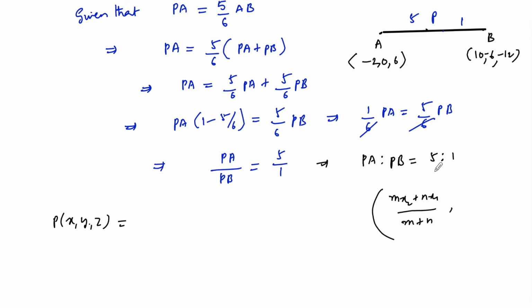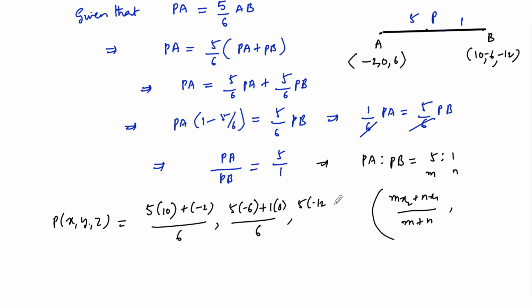So we can write here m is equal to 5 and n is equal to 1. So (5 times 10 plus 1 times minus 2) divided by (5 plus 1), that is 6, (5 times negative 6 plus 1 times 0) upon 6, (5 times negative 12 plus 1 times 6) upon 6.